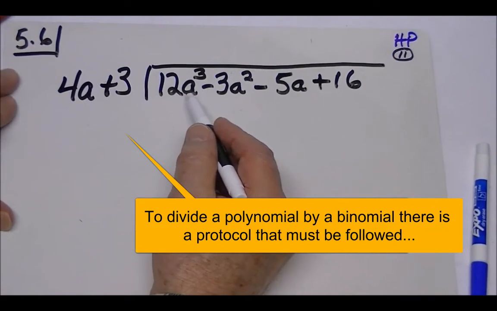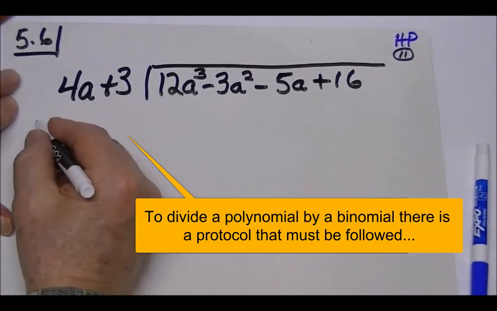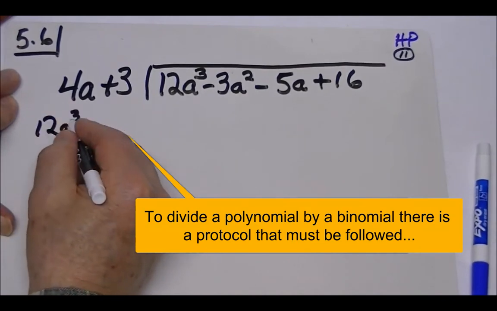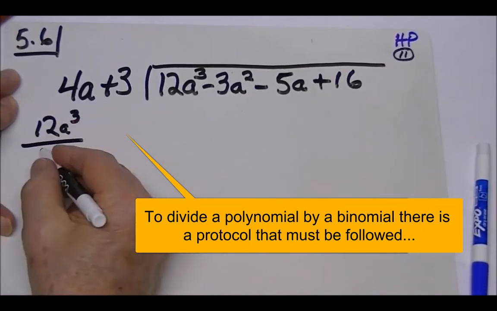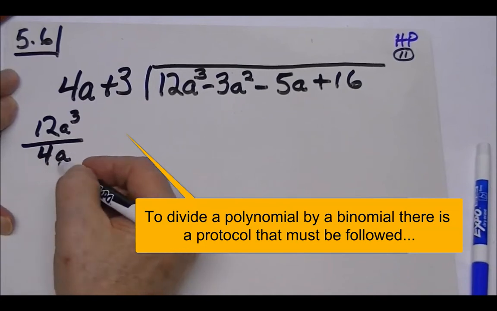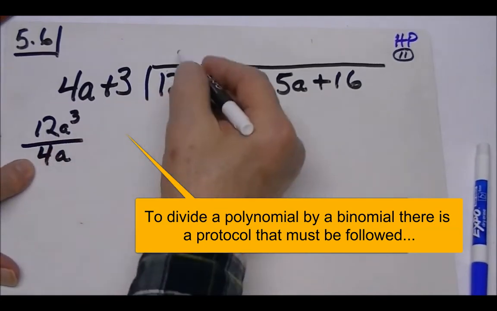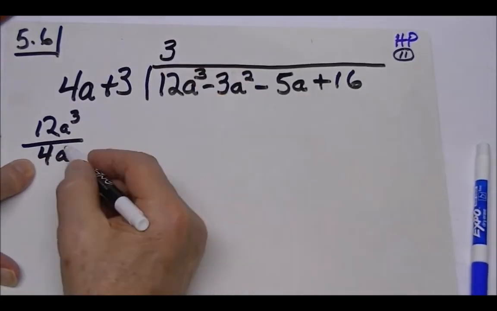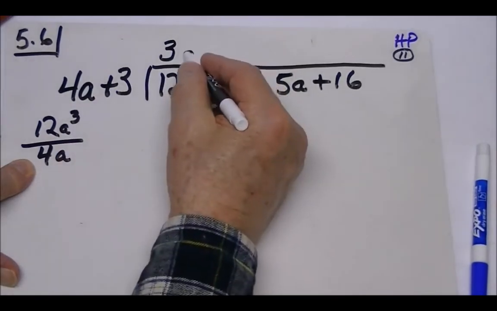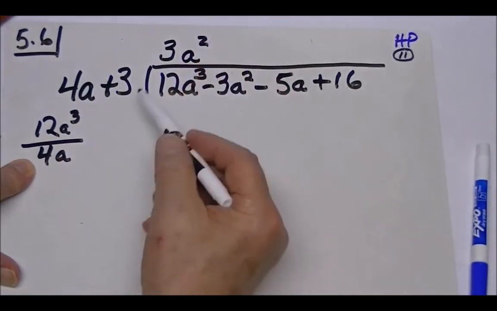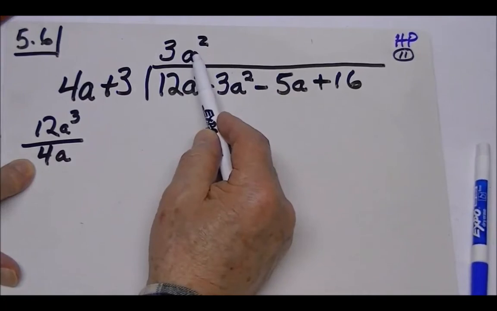And a technique to figure that out, if you're not sure, is to take this term and divide it by this term. Now, 4 will go into 12 3 times, and a will go into there a to the 2nd. So you now have your first term there.